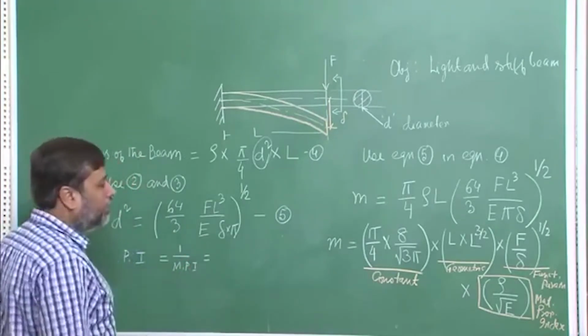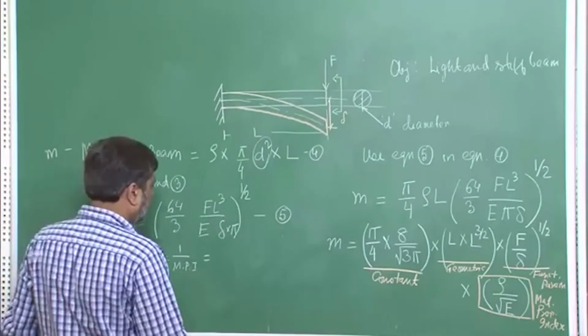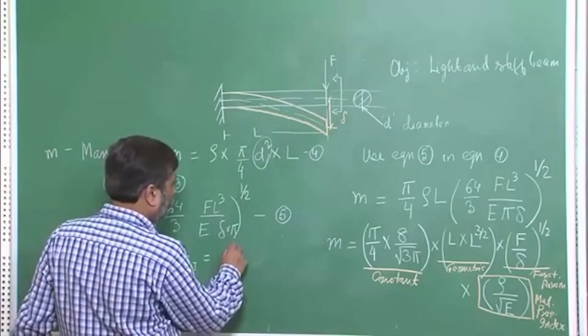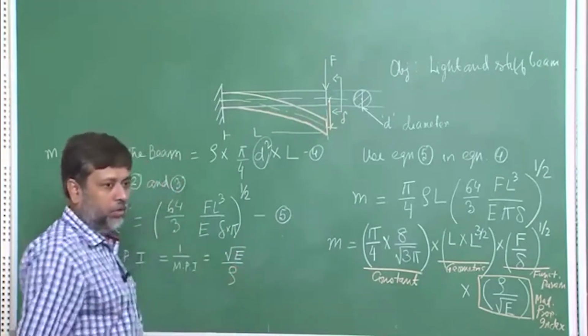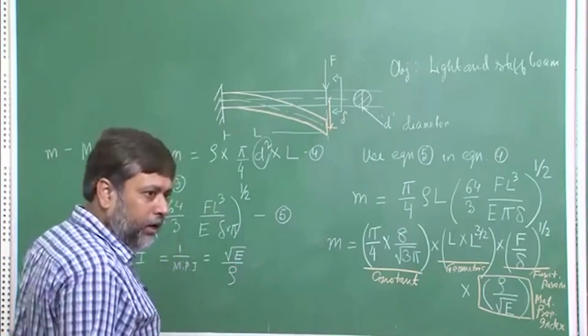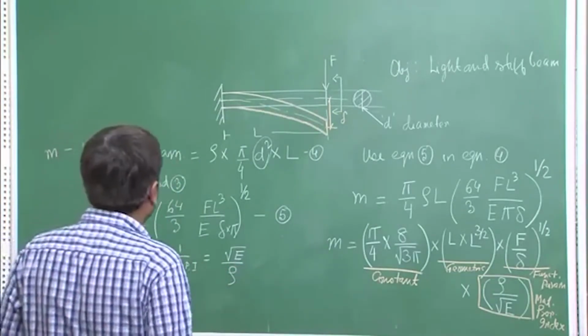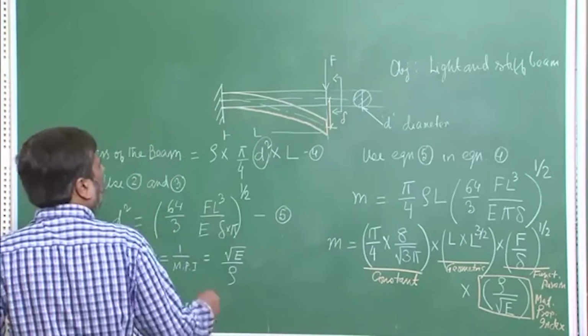If you do that, it will be square root of E over rho, correct. So, what should be our objective?